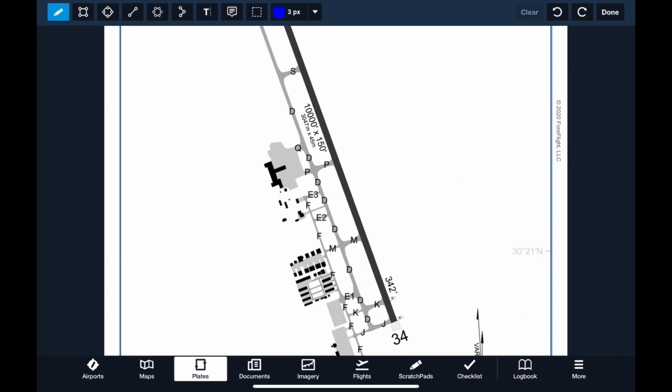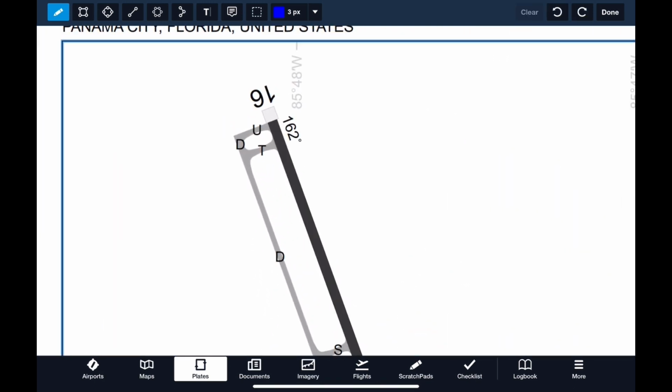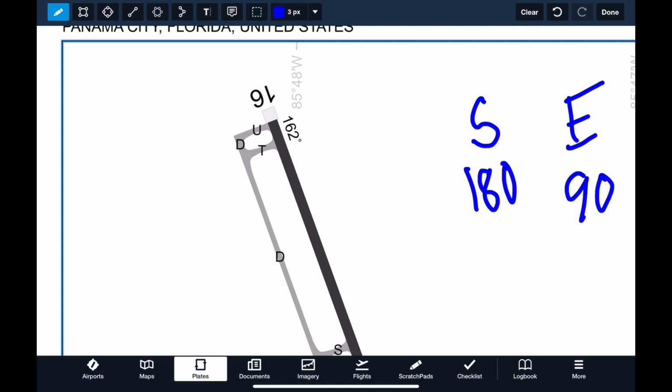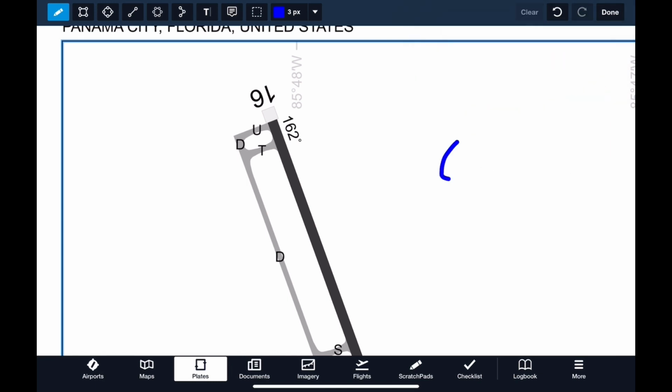Same goes with runway 16. So we have a south heading, which is 180 degrees. And then we have an east heading, which is 90 degrees, or 090. So you have runway 16. Obviously, 160 degrees is in between a south and east heading. So that would make this heading a southeast heading. So also very close to a south heading.